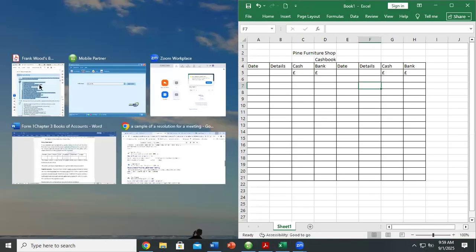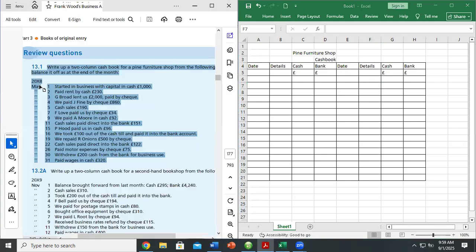Okay, so the first transaction was started business with capital in cash, 1,000 pounds. Professor, do we debit our cash book or credit it? Who is going to answer this for me? Augustine, a colleague, Augustine. Started business with capital in cash. So what do we do to our cash? Do we debit it or credit it?